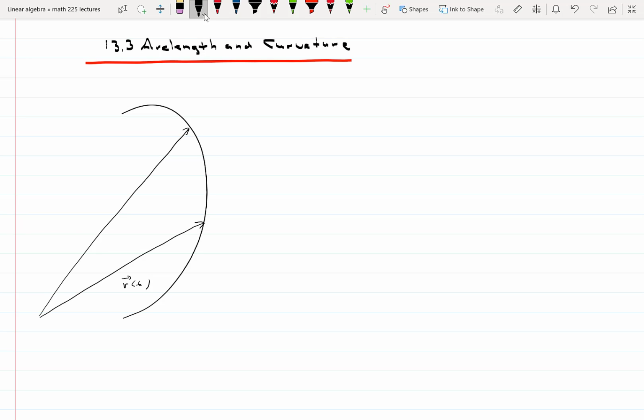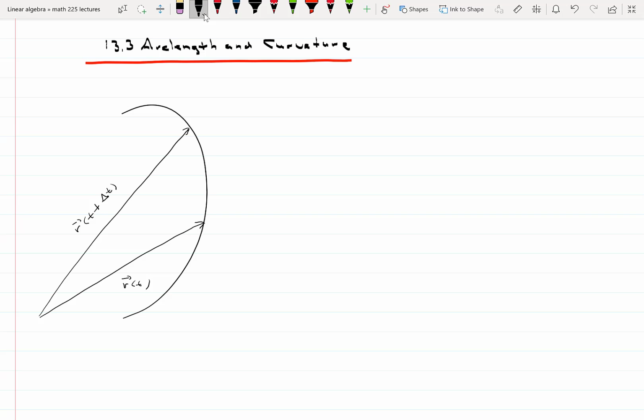Let's say this is r of t plus, in 13.2 we said r of t plus h, but I want to use the delta notation for a small increment in time for our section. So the second position vector is the position vector at some time t plus a little increment, delta t.